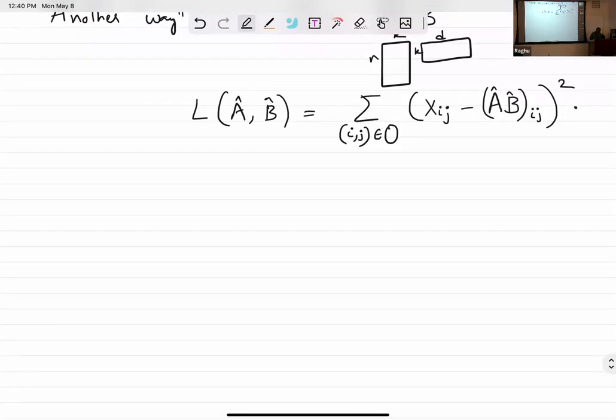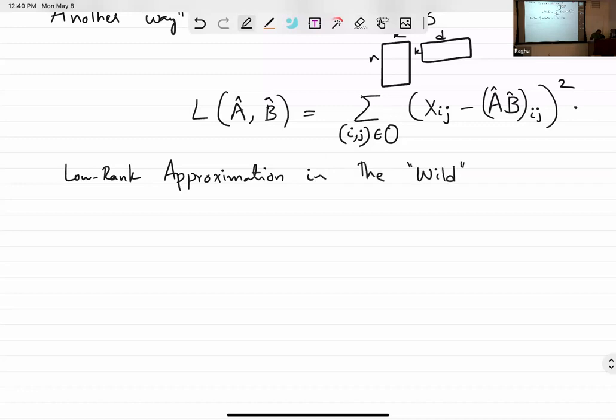All right. And lest you think low rank approximation maybe is not that important across other domains, one important technique that's being used a lot in empirical research nowadays, in the wild, is this notion called low rank adaptation, or LoRA for short.